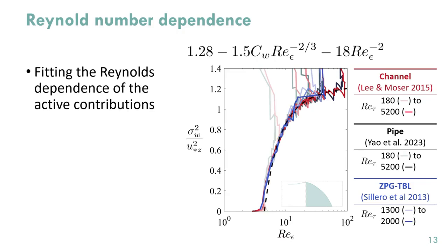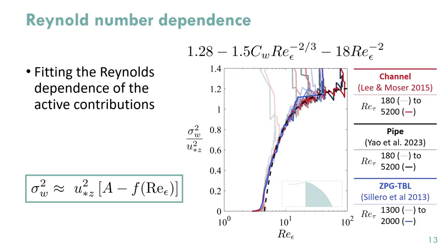And now I'm showing a fitted line. This fitted line includes a prescribed minus 2/3 relationship that comes from the inertial subrange that we just talked about, and it also has a higher order correction that is fitted to the data that has a -2 exponent, and then also a fitted constant in the front of it that accounts for the fixed amount of energy.